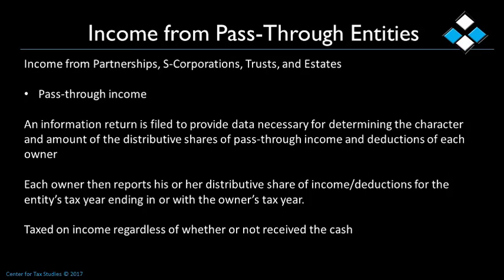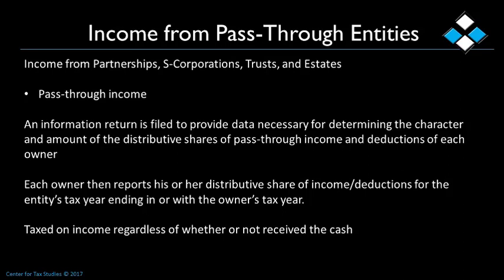These are pass-through entities, and what that means is that income from one of these entities is not taxed at that entity. The income and the deductions and all the items associated with that entity are passed through to the owners of the partnership, S-corporation, trust, or estate.